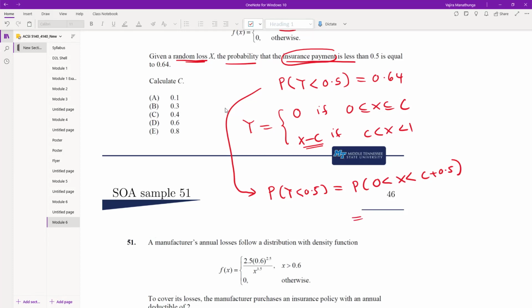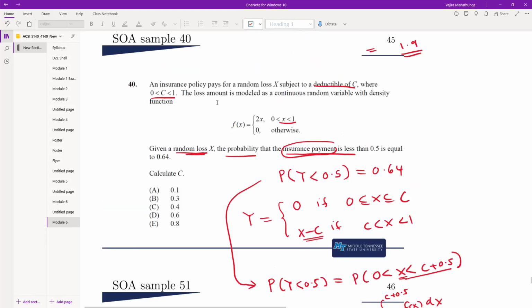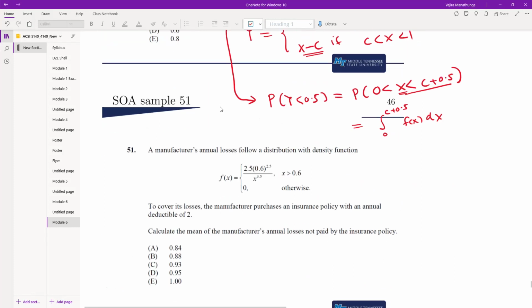And then you bring c to the other side, you get c plus 0.5. So now I can integrate from 0 to c plus 0.5. The density function is f(x) dx, which is 2x. Now, when you integrate this, it would give you (0.5 plus c) squared.